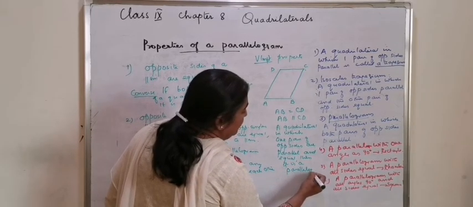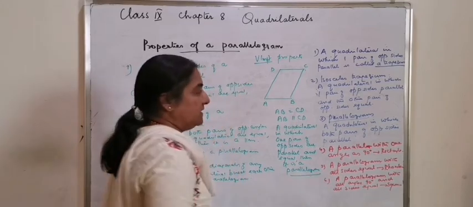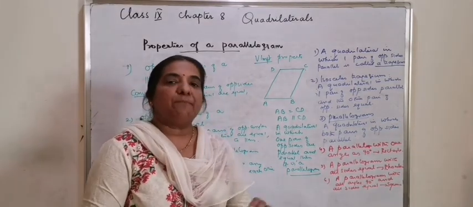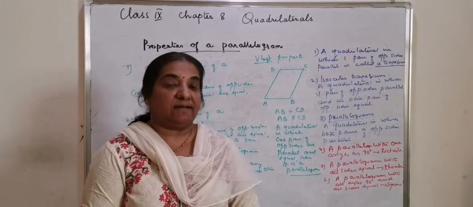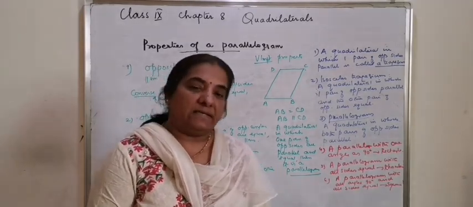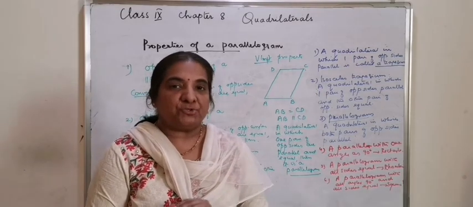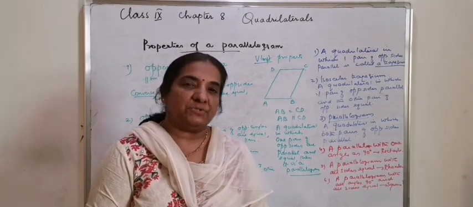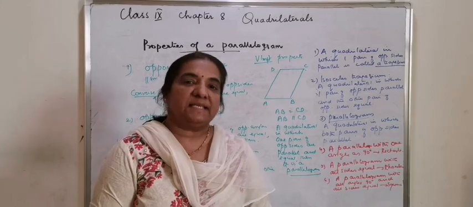This is a very important property in quadrilaterals, that is, if the same pair of opposite sides are parallel and equal, that quadrilateral is a parallelogram. So these are the properties we will be using in exercise 8.1.